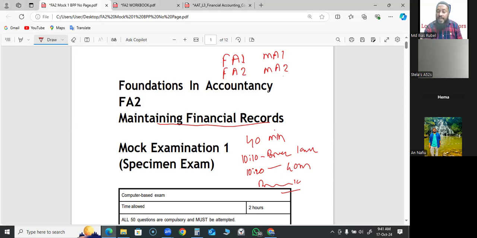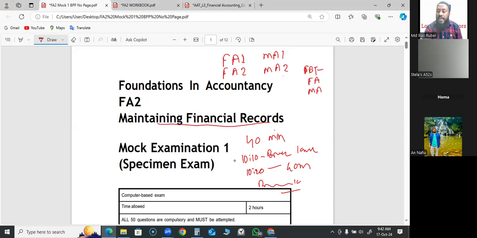Those who join from the United Kingdom can start from BT, Business Technology, FA, Financial Accounting, and MA, Management Accounting.